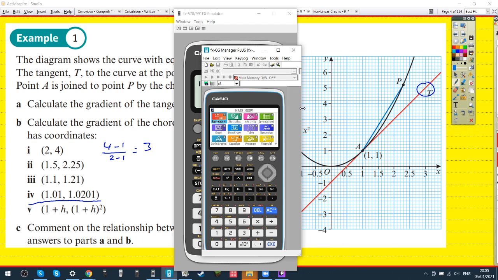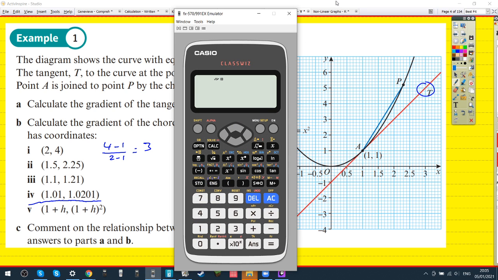Yep. So would you do 1.0201 minus 1 over 1.01 minus 1? Yep. Which is 2.01. Well done.